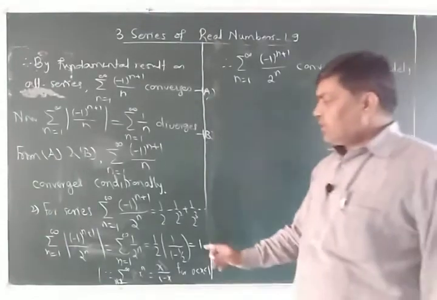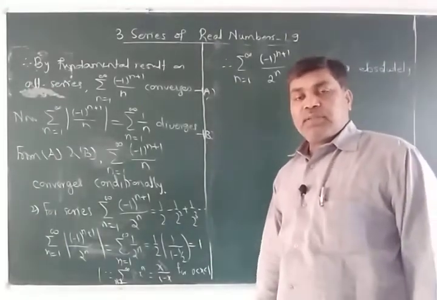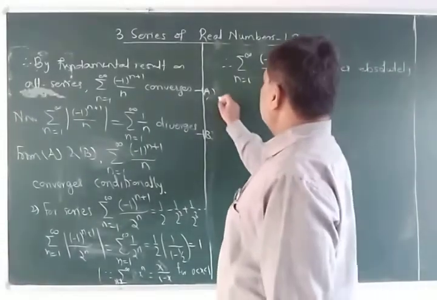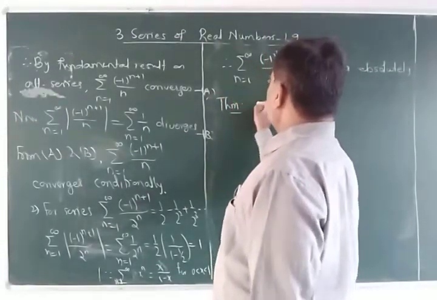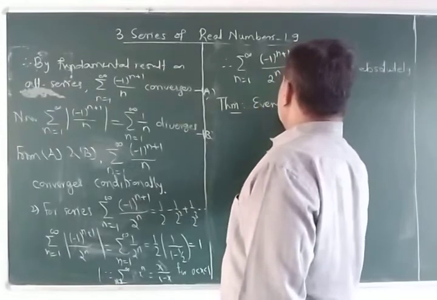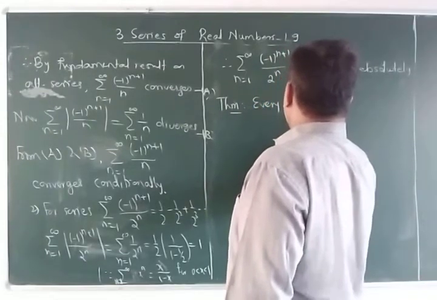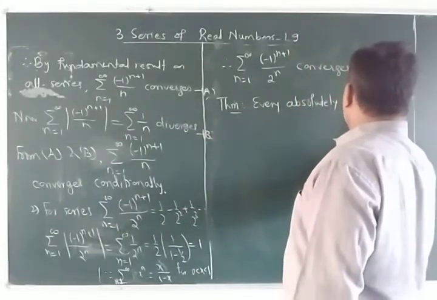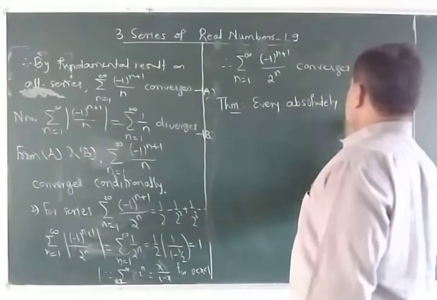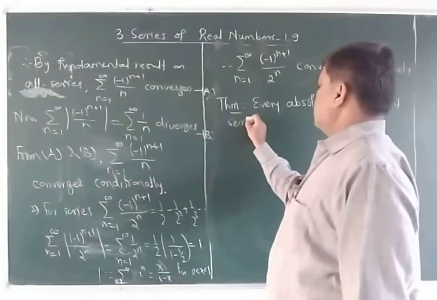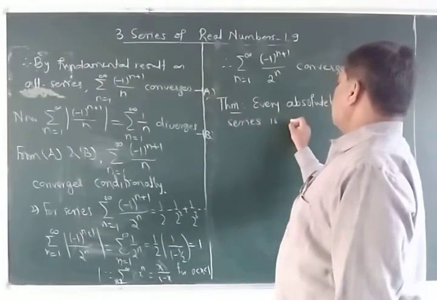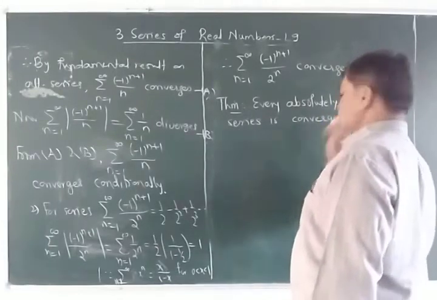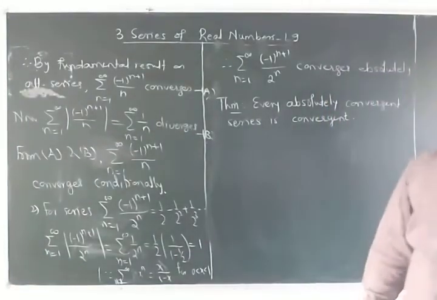Now we will take the result that every absolutely convergent series is convergent. Okay. So, theorem: every absolutely convergent series is convergent. Okay.